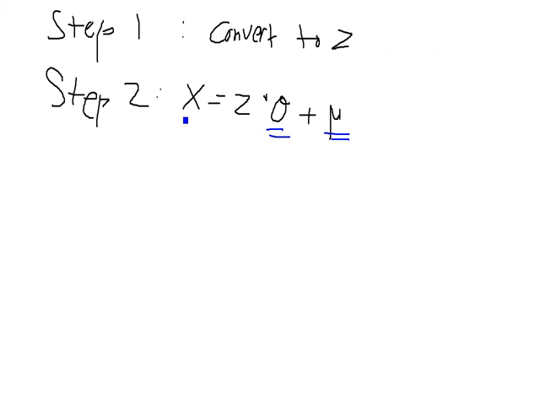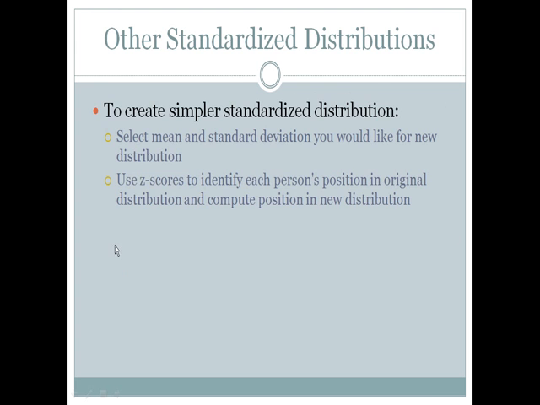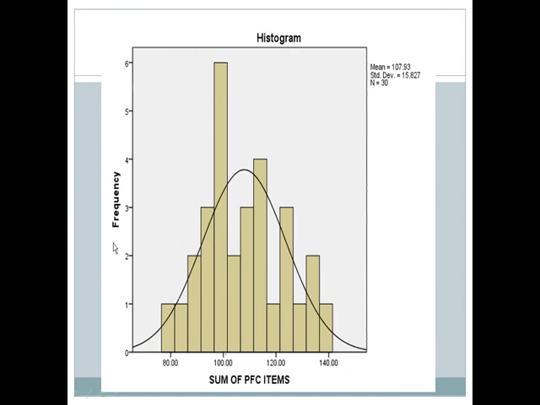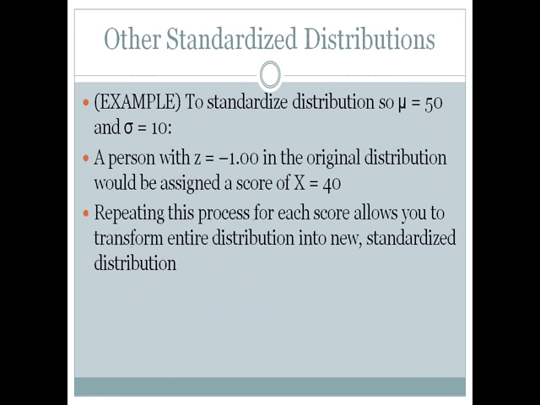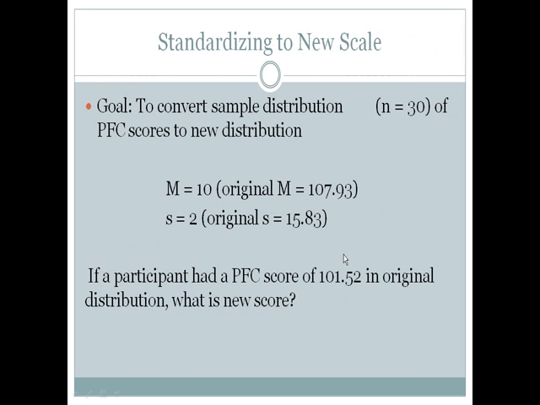Okay, so that process sounds confusing. So let's go through an example. So if our goal is to convert a sample distribution of scores to a new distribution, we want our new distribution to have a mean of 10 and a standard deviation of 2.